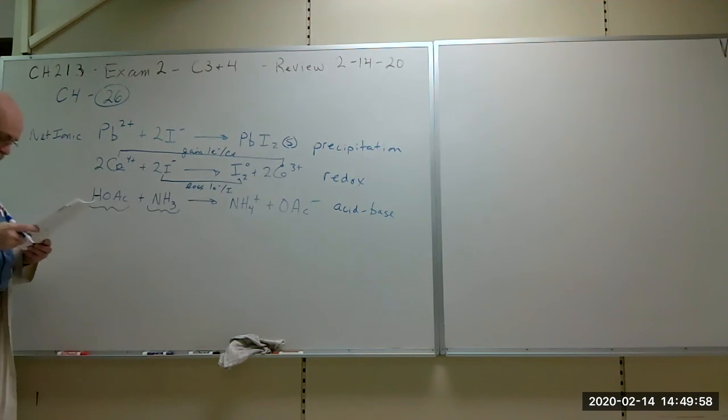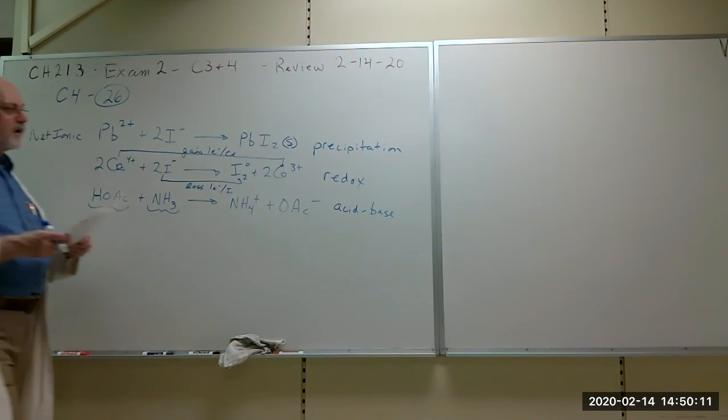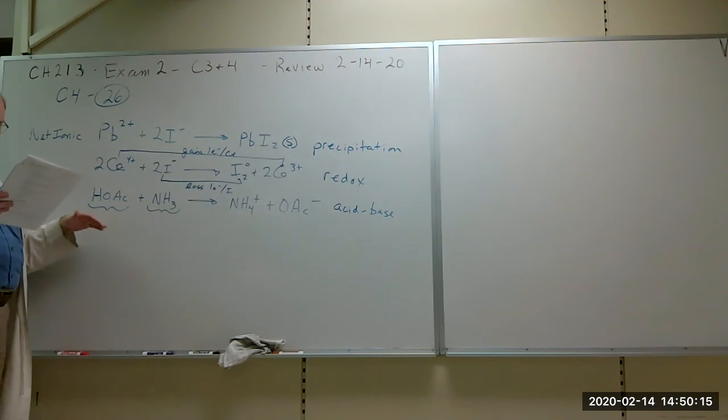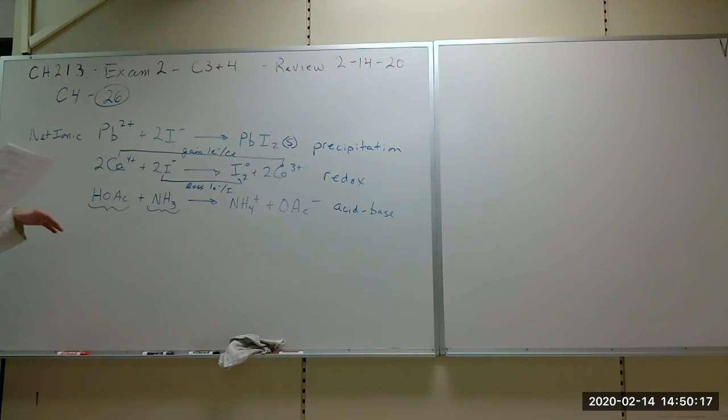So they're all balanced, so B can't be it. C, precipitation, yes. Acid base, yes. And redox, respectively, no. It's precipitation, redox, acid base, respectively. So that makes it E, in that order.